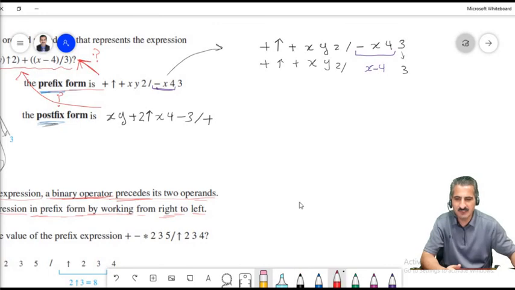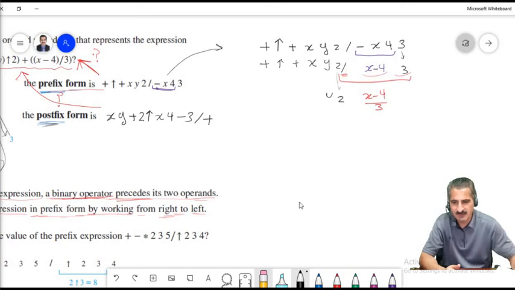Now I have this binary operation and this operand and this operand. So all that together will be x minus 4 over 3. And then I will take 2 down here, and the y and x and plus and exponent and plus.